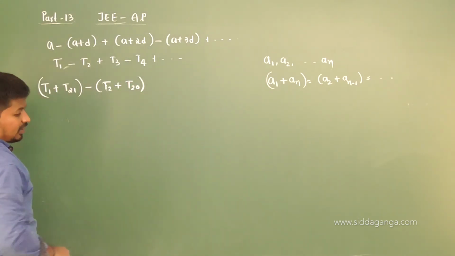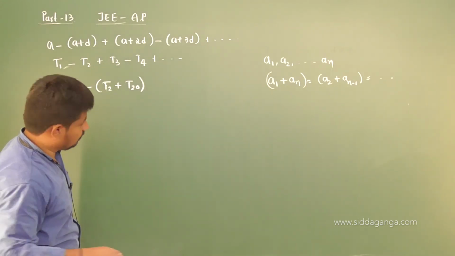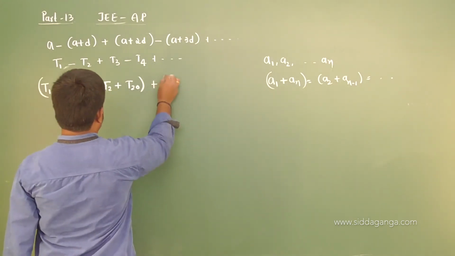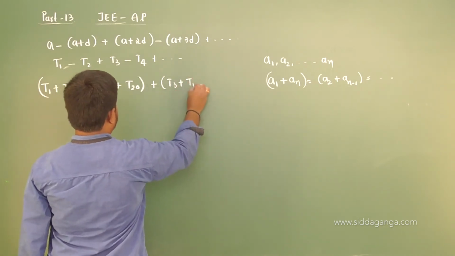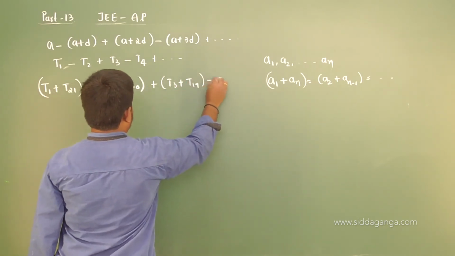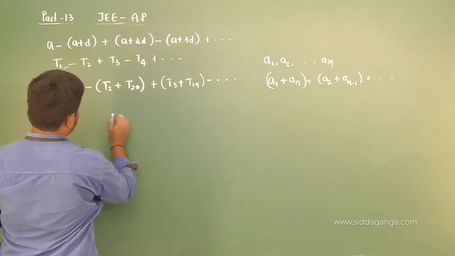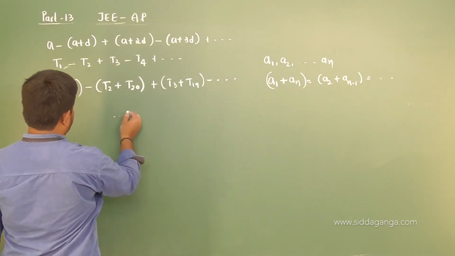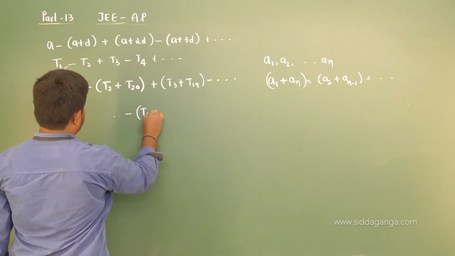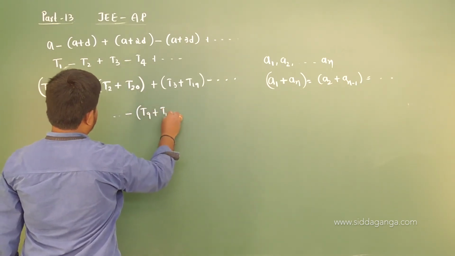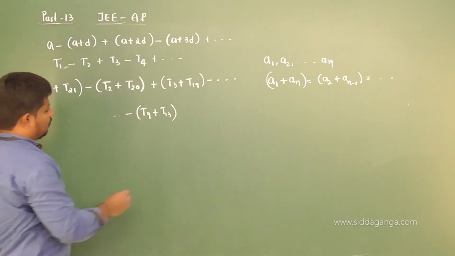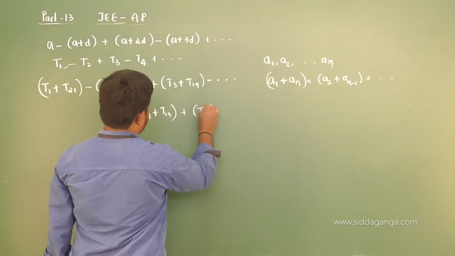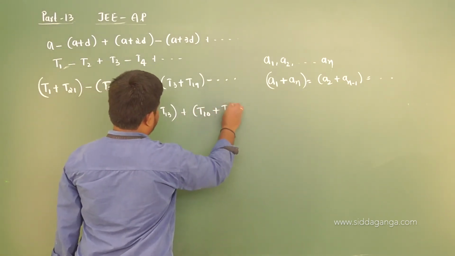Okay, using that concept, plus T3, for that T19, right, and so on. Let me write the last two terms, that is what, minus T9 plus T13, right, you get 22, right. So plus, so T10 plus T12.